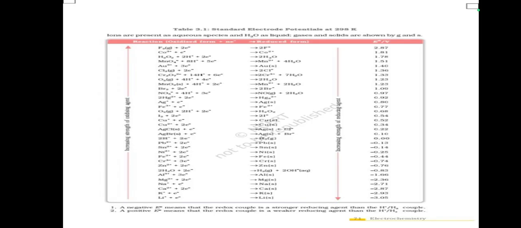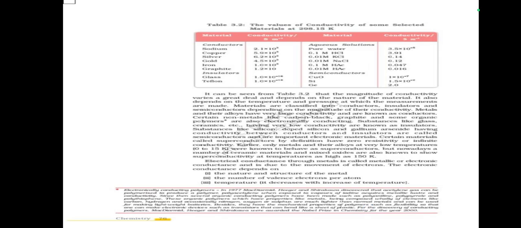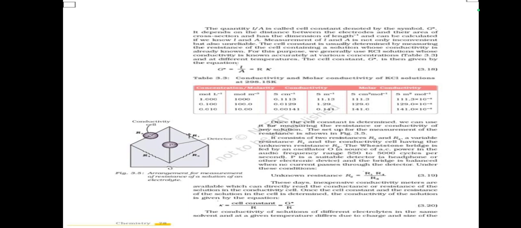Table 3.1, standard electrode potential at 298 Kelvin. Equilibrium constant from the Nernst equation. Electrochemical cell and Gibbs energy of the reaction. Conductance of electrolytic solutions. Table 3.2, the values of conductivity of some selected materials at 298.15 Kelvin. Measurement of the conductivity of ionic solutions. Table 3.3, conductivity and molar conductivity of KCl solutions at 298.15 Kelvin.